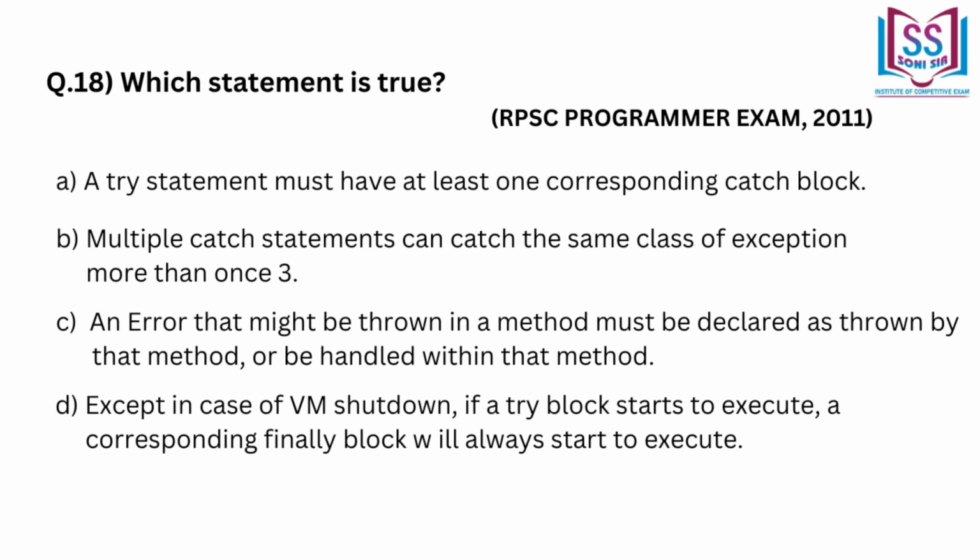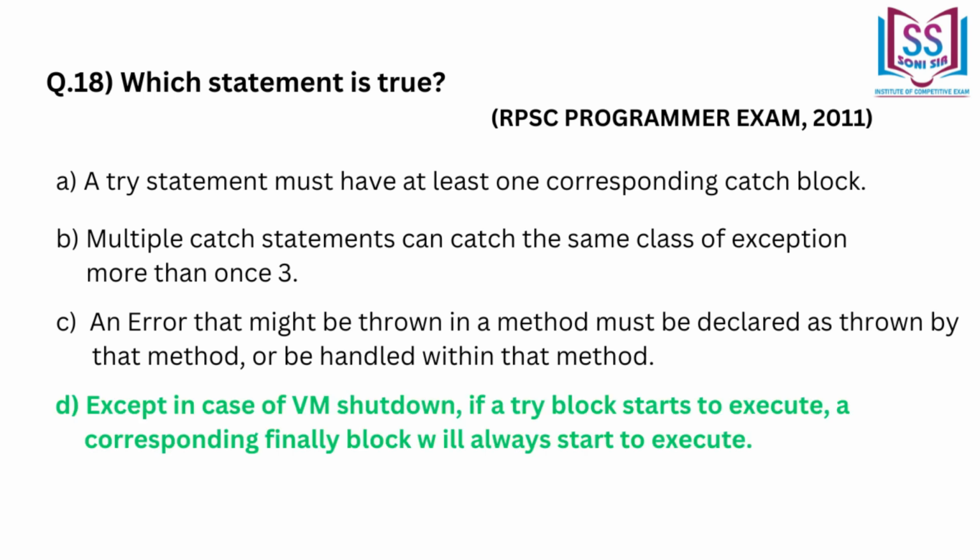D. Except in case of VM shutdown, if a try block starts to execute, a corresponding finally block will always start to execute. Correct answer D. Except in case of VM shutdown, if a try block starts to execute, a corresponding finally block will always start to execute.